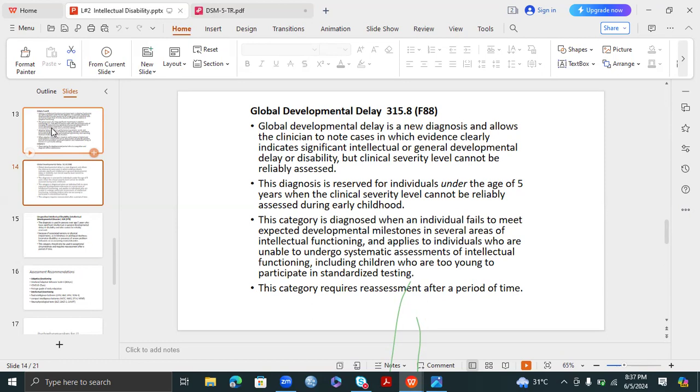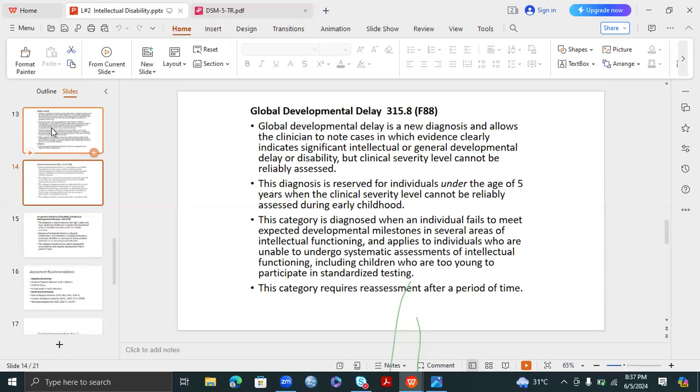Rather, you have another option, that is global developmental delay. That is also a part of intellectual developmental disorder. But it will include another version where a revised assessment will be required.